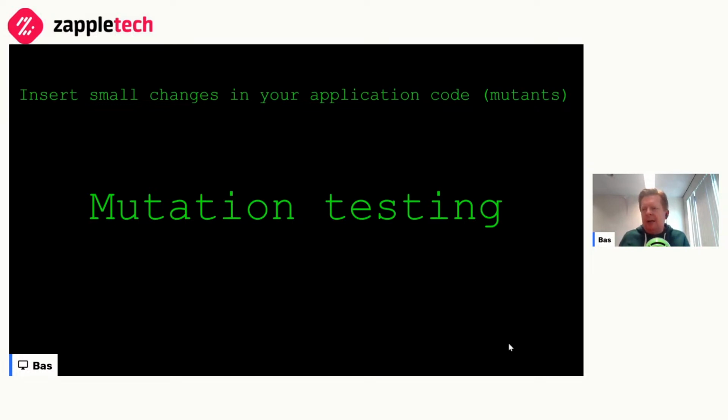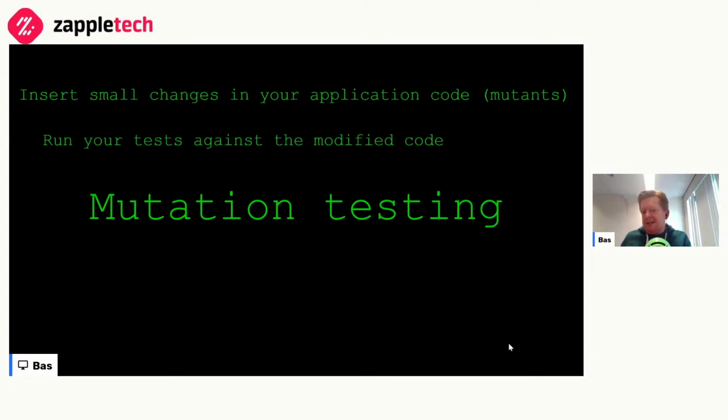That small change can be removing a call to a method that returns void, flipping a binary operator, flipping a boolean, or initializing a variable with a hard-coded value instead of a dynamically calculated value. All examples that we are going to see in the demo in a moment. So it creates mutants: copies in memory of your code with small changes injected.